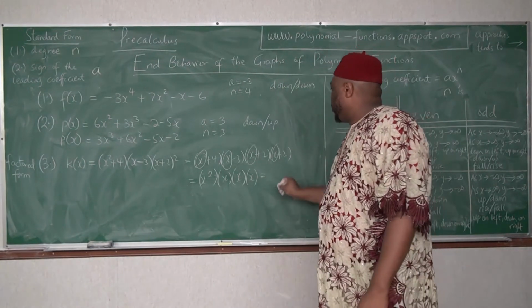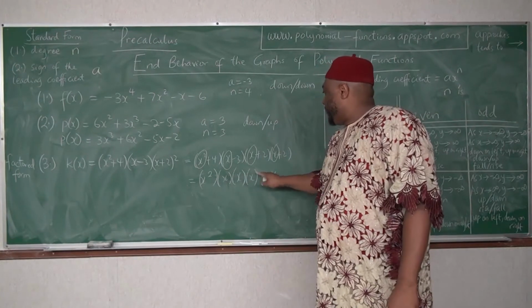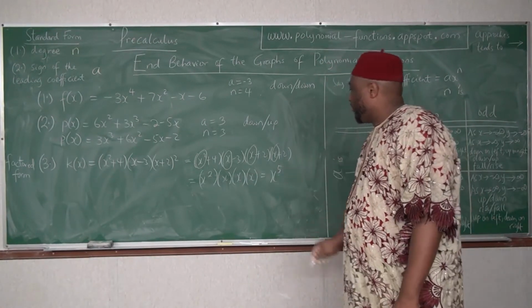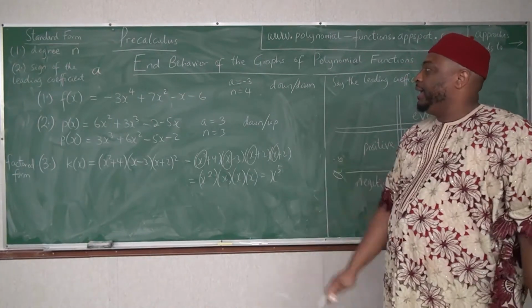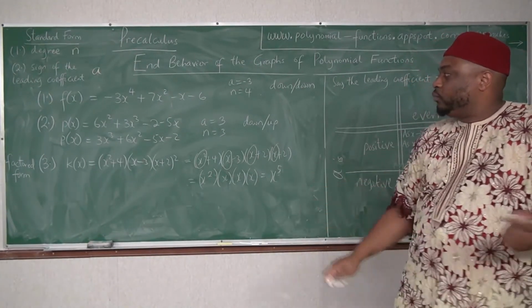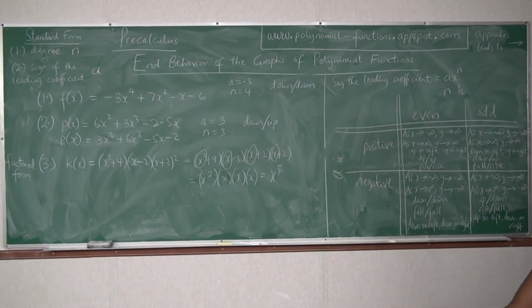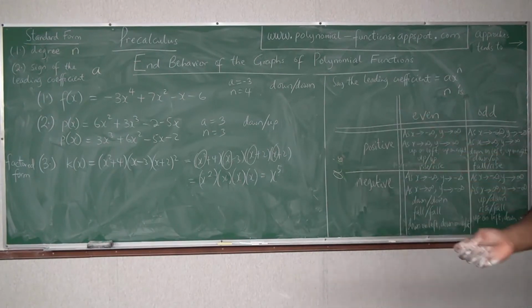And this gives us what? x to the 5th. So the leading coefficient is 1 and the degree is 5.